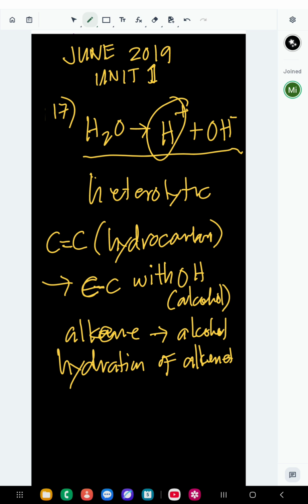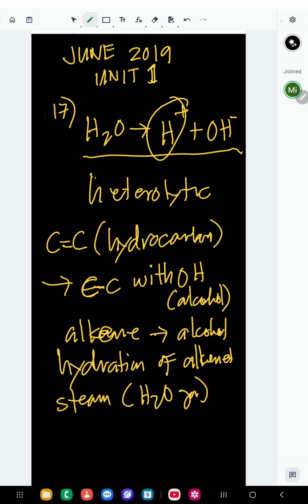So usually this reaction uses steam or water gas and an acid catalyst. So typically concentrated sulfuric acid or phosphoric acid at high temperature and pressure. So the answer here should be letter C, steam and acid catalyst.